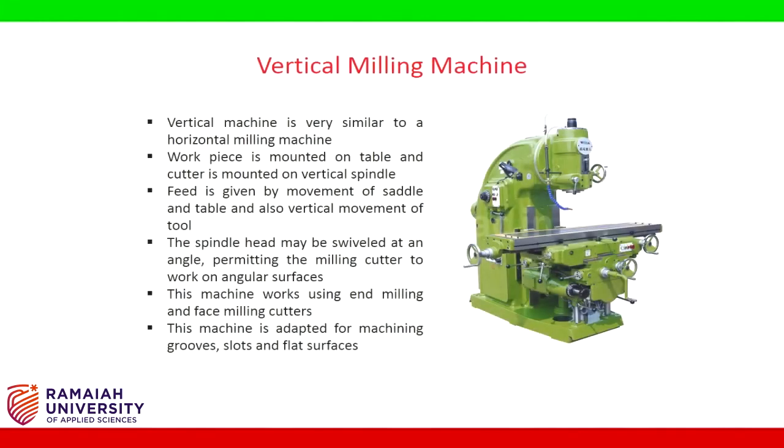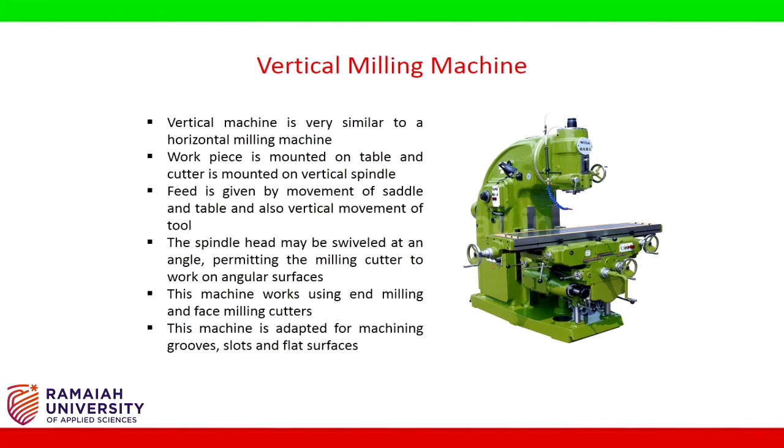Milling machine. Now we will discuss the vertical milling machine and its parts. A vertical machine is very similar to a horizontal milling machine. The workpiece is mounted on the table and the cutter is mounted on a vertical spindle. Feed is given by movement of the saddle and table and also vertical movement of the tool.